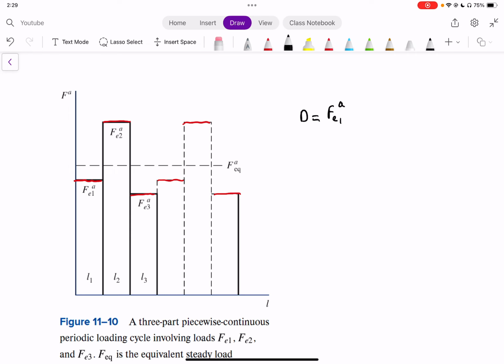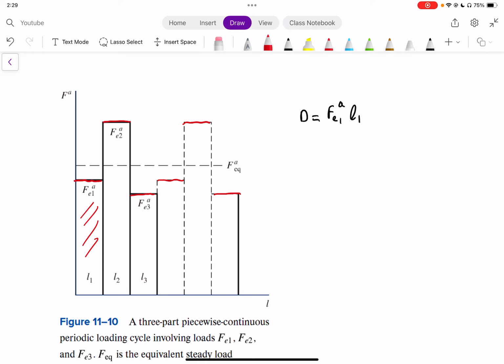So it could be F desired, but in this case, it's going to be our FE, which is going to include our axial force if we have any, multiplied by L1. So that would be the area under the curve FE1 L1, so this curve right here.